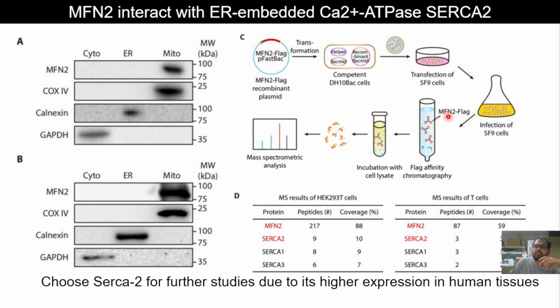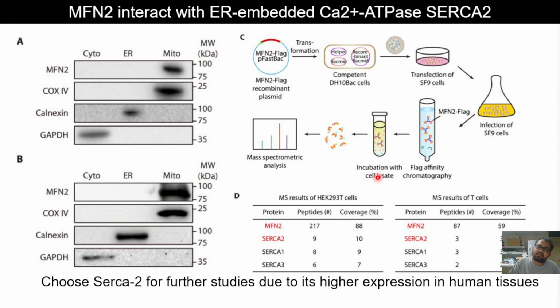From there they purified this MFN2, because this MFN2 is flag tagged, and then this purified MFN2 is incubated with the cell lysates. So they used two different cell lysates. One is HEK293T cells and the other cell lysate from T cells. They wanted to know what are the other proteins which interact with this MFN2.